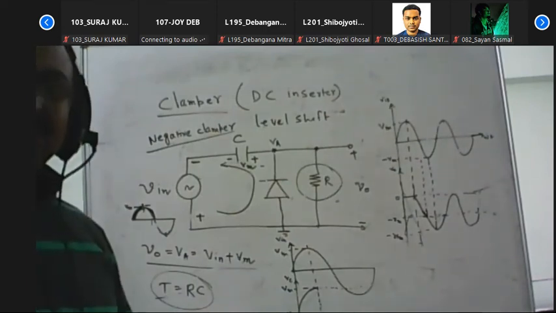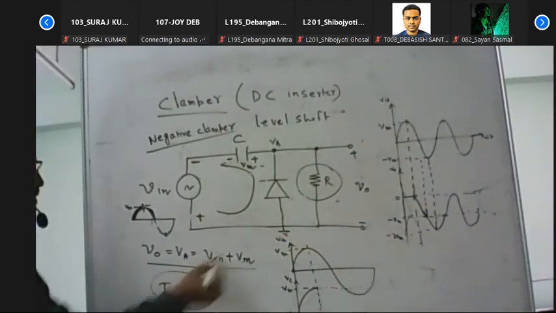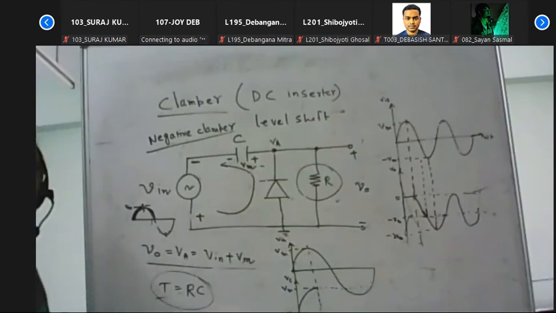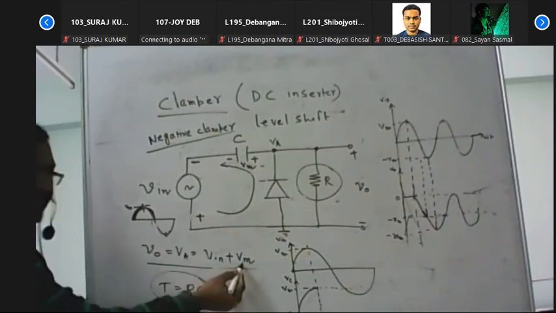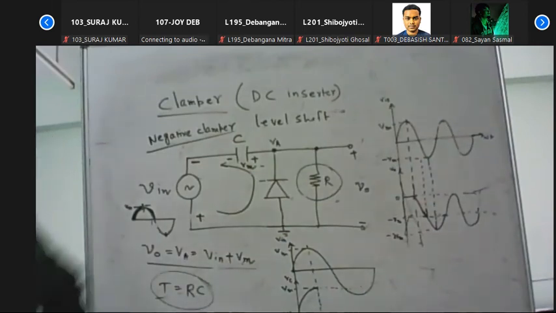This terminal is connected with ground. If this terminal voltage goes more negative, the diode is in the reverse bias condition.